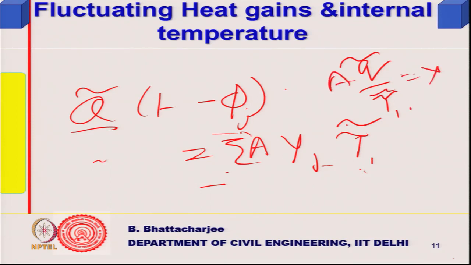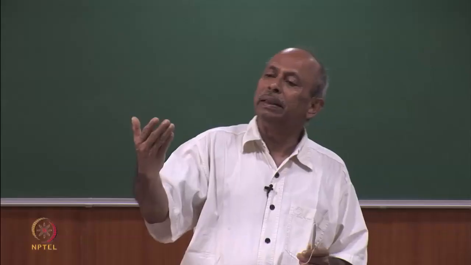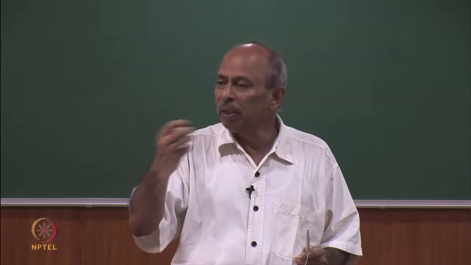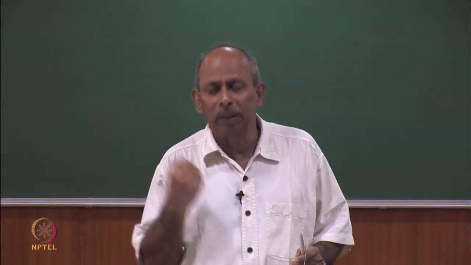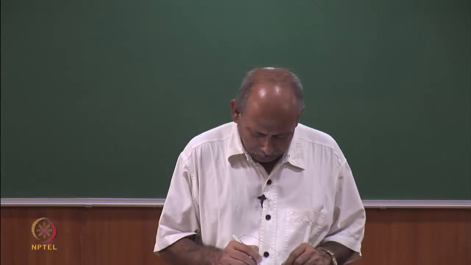So, if I multiply by A and sum for all the surfaces, that is the equation. The total heat coming in goes into increasing the fluctuating component of the room temperature, and that is what I am trying to do.